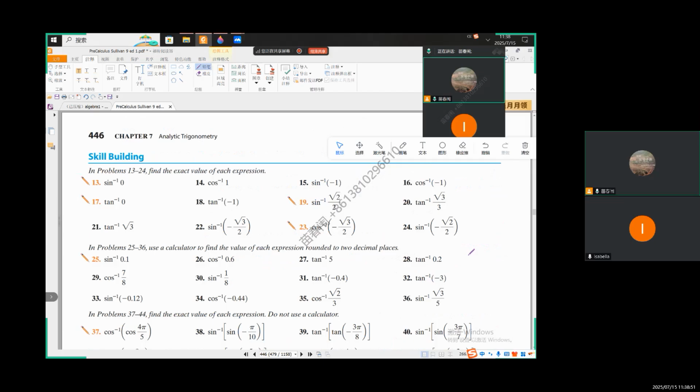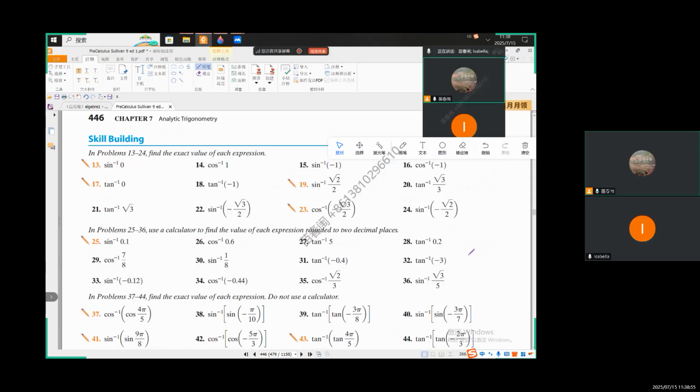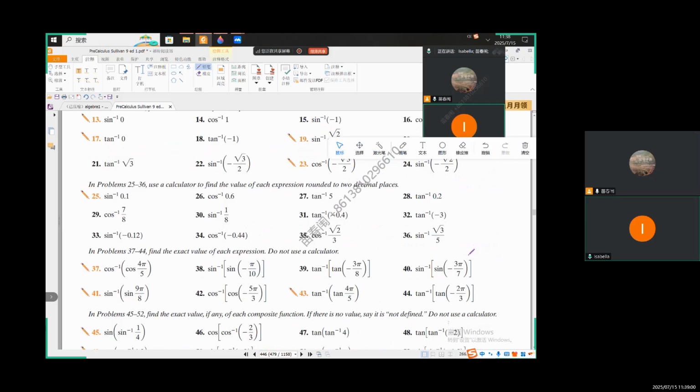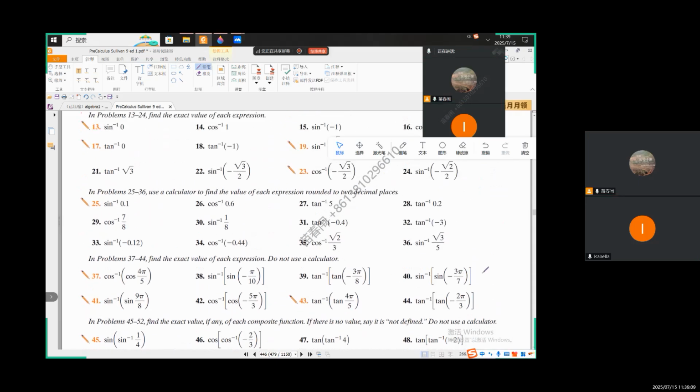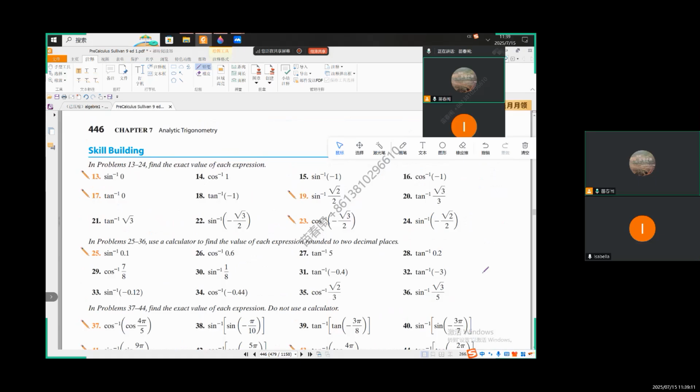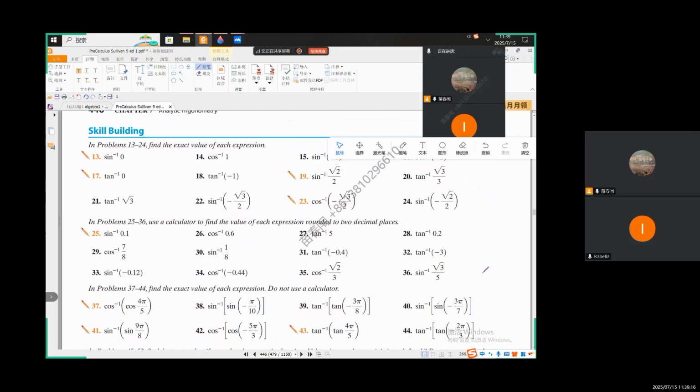Page 446, inverse function, from 13 to 24, and 33 to 36.